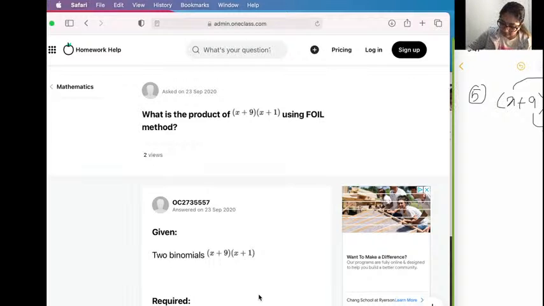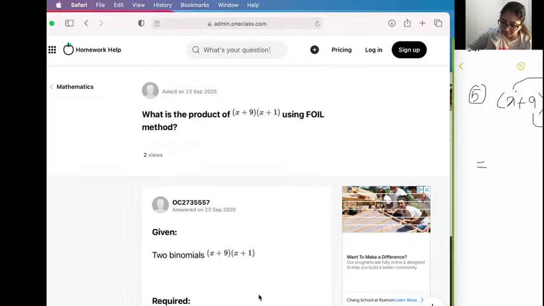So if we multiply x and x, since they have an exponent of 1, we don't usually write it. Recall your basic multiplication exponent rules: if we have exponents that are multiplying with each other, we add them up.